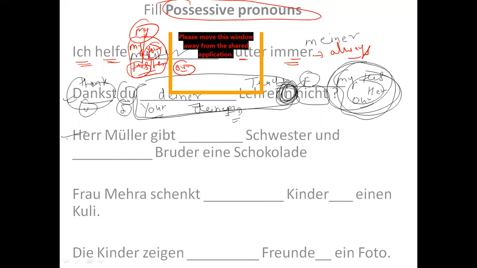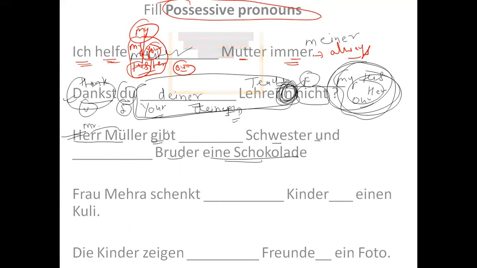Here it's the third sentence. Let's discuss the third sentence. It says here Müller. Here Müller is Mr. Müller. Gift gives. Mr. Müller gives sister and brother eine Schokolade. Schokolade is chocolate. So Mr. Müller will give his sister and his brother a chocolate.